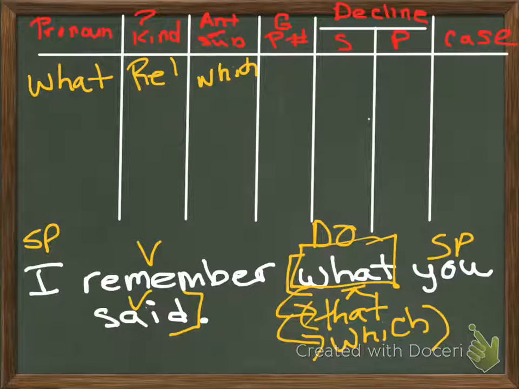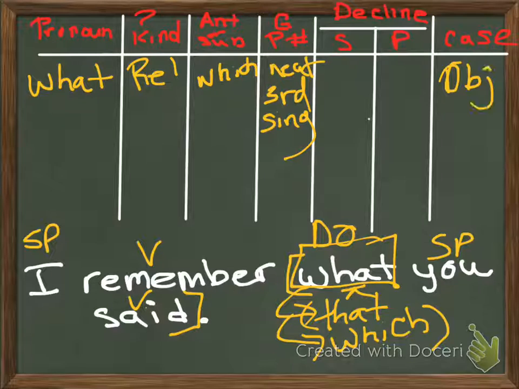The gender: it's neither masculine nor feminine, so it's neuter or neutral. It's what we're talking about, so the person is third. And it's just one thing we're talking about, so it's singular. Okay, and we've determined that it's a direct object, so it's in the objective case.